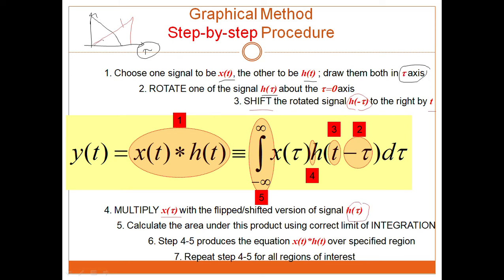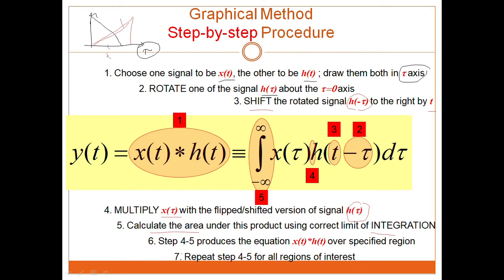Now we have to shift this one into t, and this is tau, different. Since it is an integration, we have to calculate the area under this product using the correct limit. So this is what integration is.